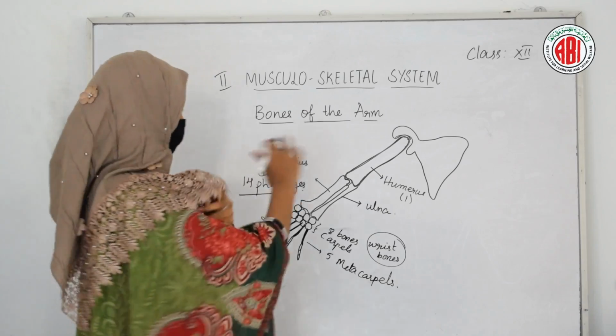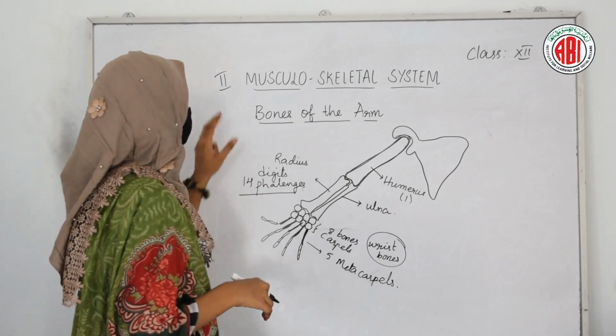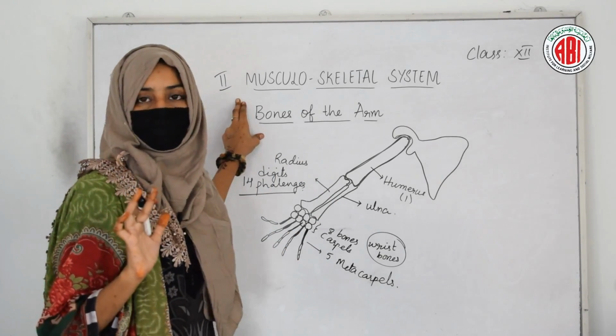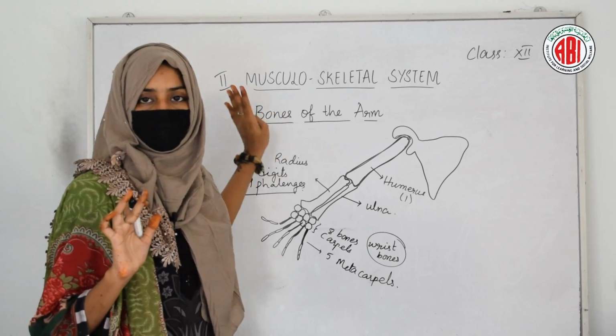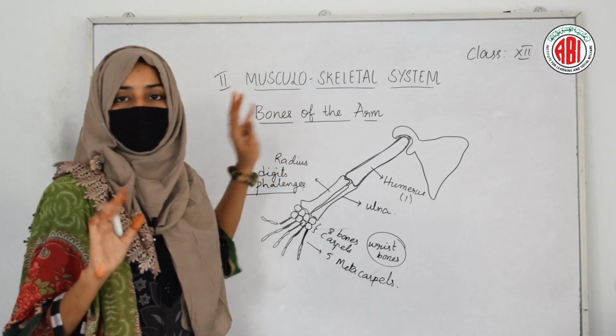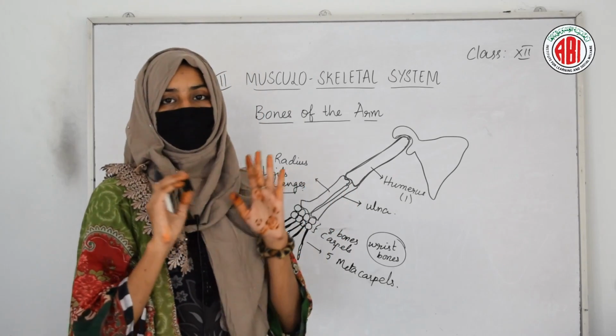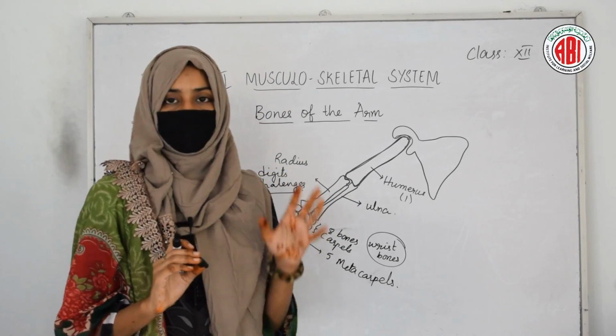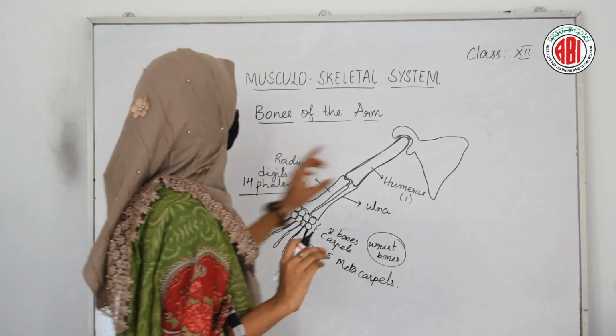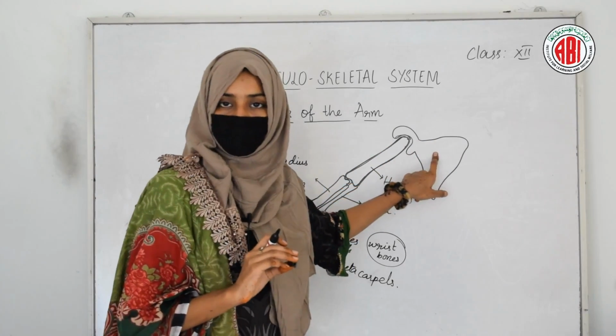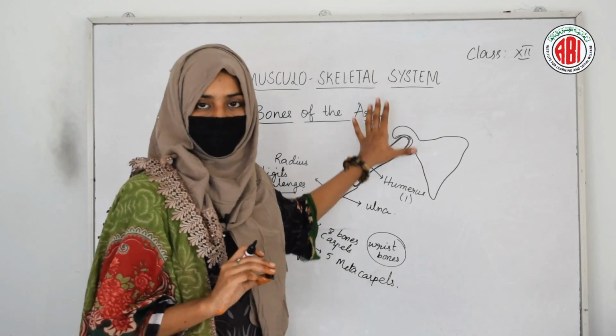Okay, so let us recall all these things. We are going to learn about bones of the arm. We know that in the pectoral girdle, one cavity is present, and that cavity is found in the bone called scapula. That cavity is named the glenoid cavity.